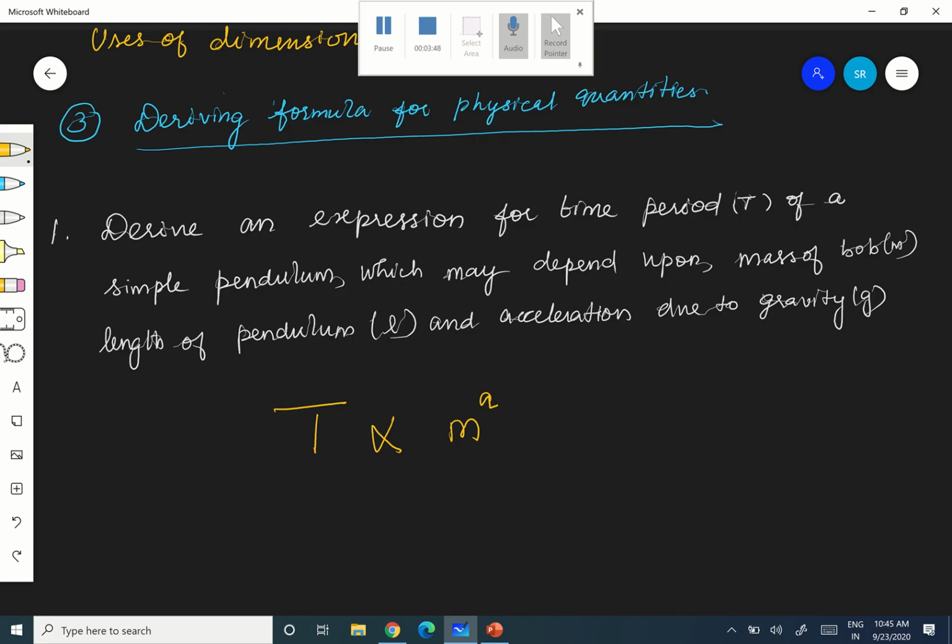The next one is length, the length of the pendulum. How it depends, once again, is a question. So the power, that also it is our duty to find by the method of dimension.